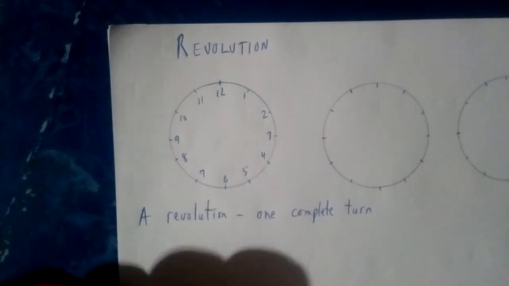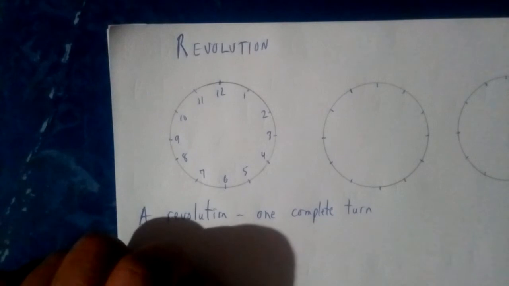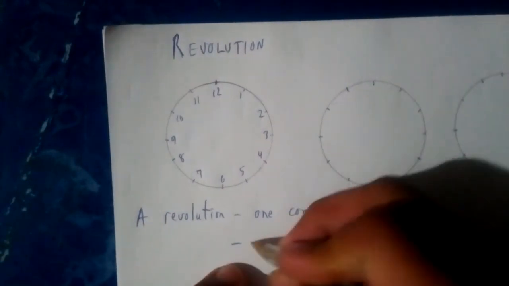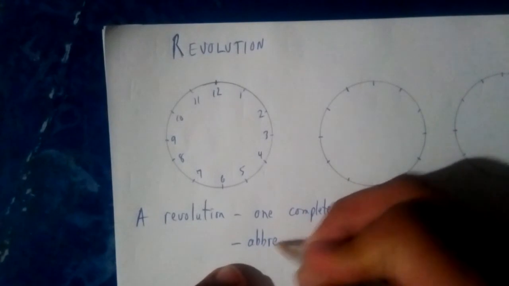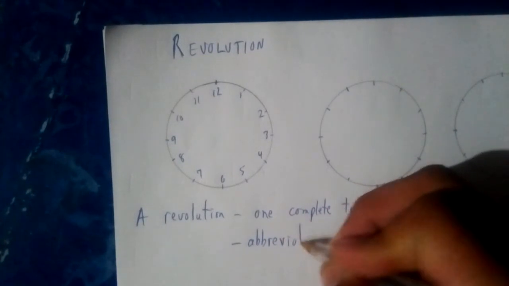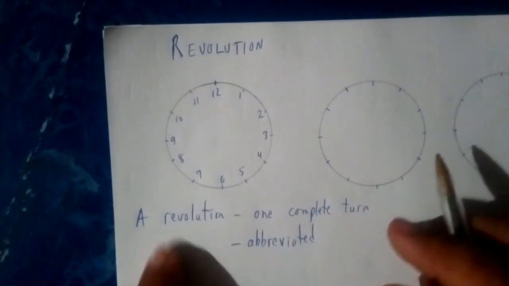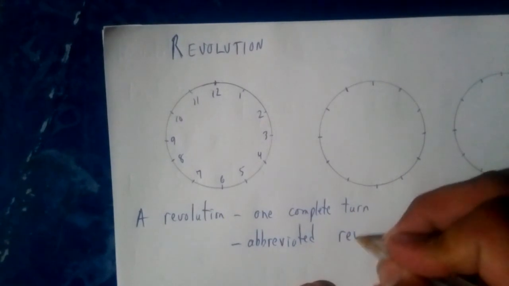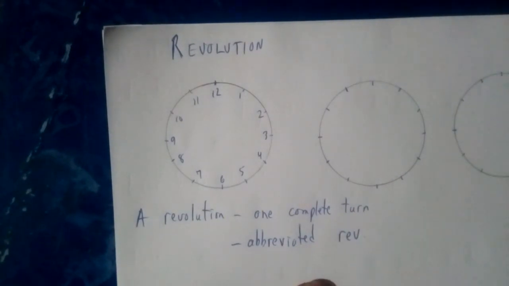Now let's describe a little bit more about revolution. Revolution is abbreviated as REV, because we need to be able to write it abbreviated, so we will not be writing the word over and over. Once you write REV, that is revolution. It should be understood, right?